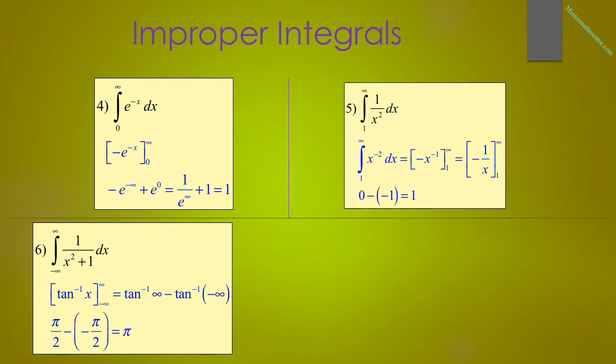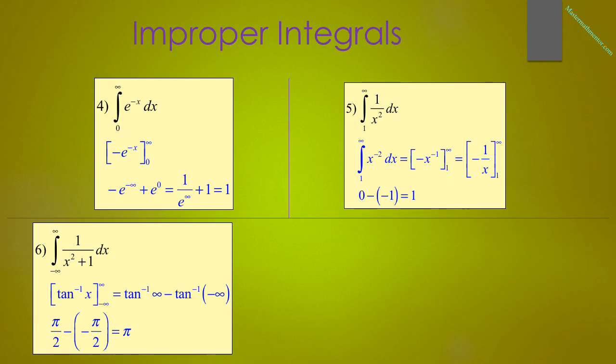Number 6 is the integral from negative infinity to infinity of 1 over x squared plus 1 dx. This is the first time we've had infinities at both limits. But the method is still the same. The integral of 1 over x squared plus 1 dx is the inverse tangent of x evaluated from negative infinity to infinity.